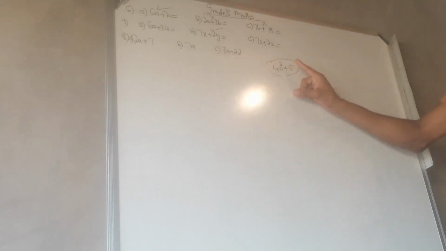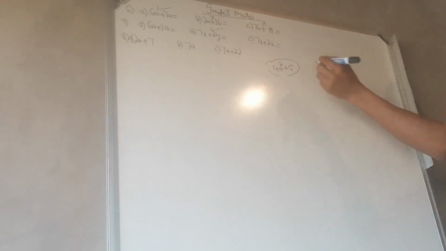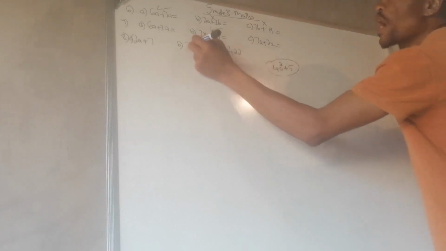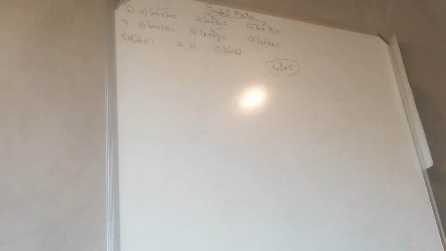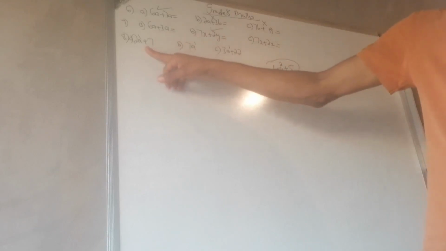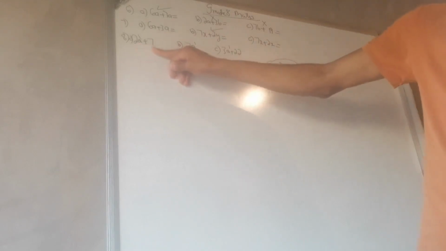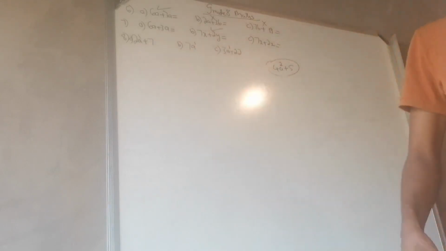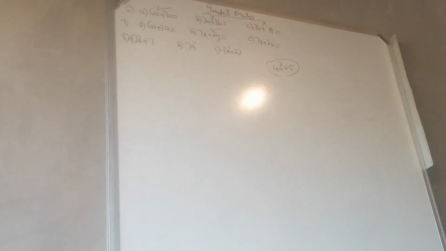We do not necessarily look at the coefficient of the alphabet, because the coefficient is one. But it doesn't mean it's not an algebraic expression. An algebraic expression is a mathematical statement that has no equal sign. So this should be a typical example of an algebraic expression because it has no equal sign.